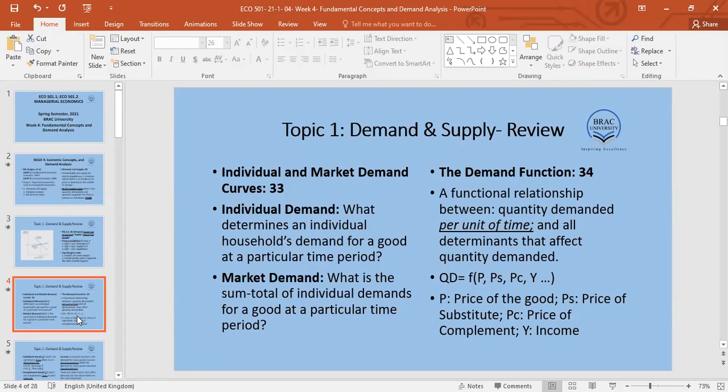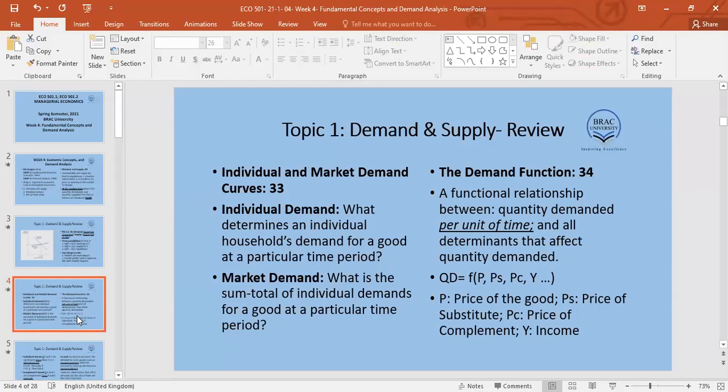Market demand is the sum total of all the demands. Now, the gap in the logic is how do we sum all these behaviors? The assumption is what is true for individual behavior is also true for aggregate behavior. I'll repeat myself in a different way. Whatever is true for individual behavior is also true for sum total behavior.